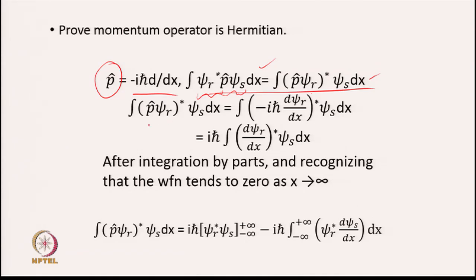So, the momentum operator on psi r, complex conjugate, psi s dx, is equal to, let us put the operator in, minus i h cross d psi r by dx, star, into psi s dx. Now, the complex conjugate of i is minus i, so minus i will give you i, and h bar is a constant. So it is simply h bar, and then d psi r by dx star into psi s dx. Now, you have to solve this integral.